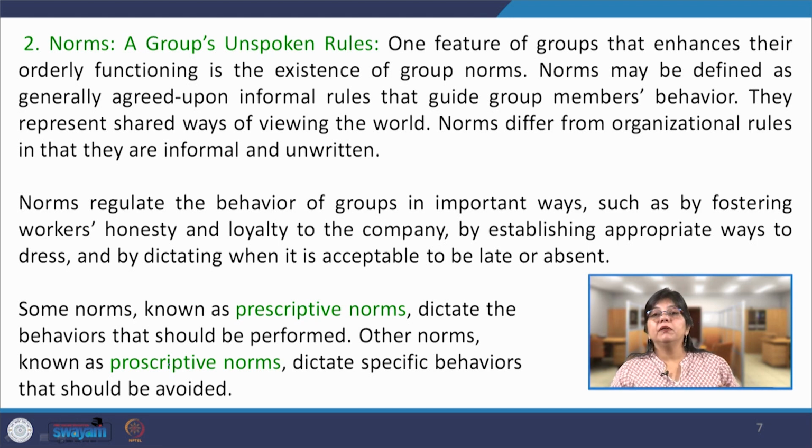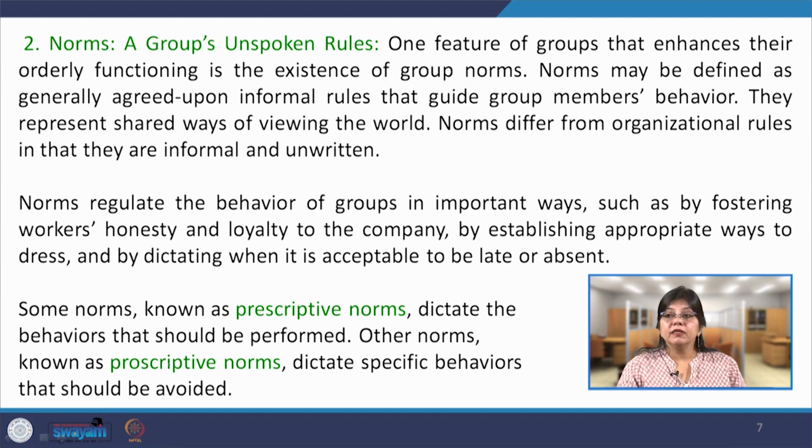So, norms can be defined as agreed upon informal rules that guide group members' behavior. So, this is a guidance: coming to the office well in time, following the dress code, not sharing the secrets of the organization with other competitive organizations. These are certain informal rules which a person imbibes, accepts, and at the same time performs at the workplace.